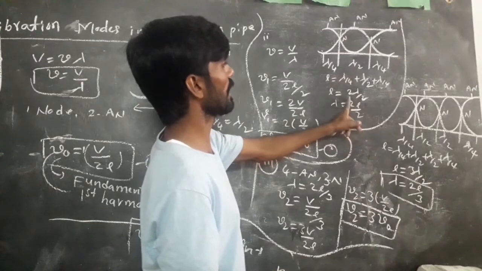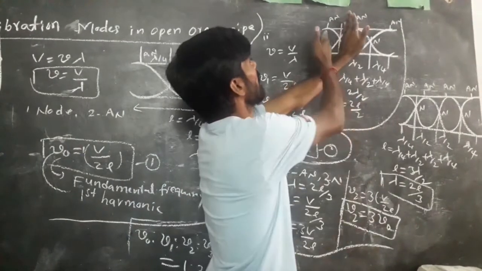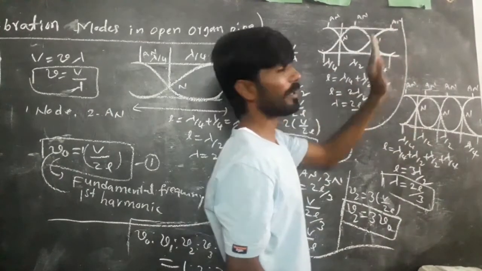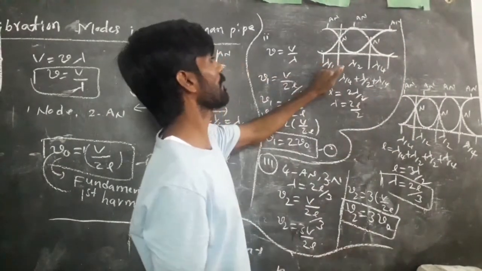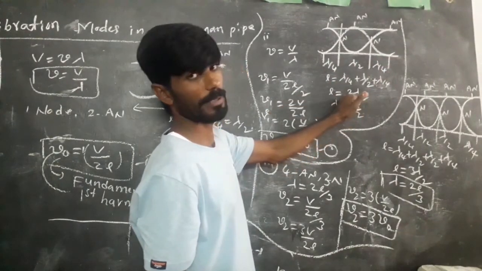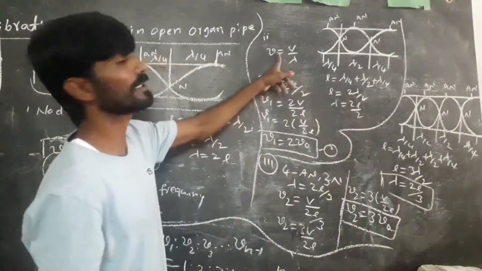Then the length of the air column L is equal to 2λ/2. How is it possible? Node to antinode is λ/4, node to node is λ/2, node to antinode is λ/4. So λ/4 plus λ/2 plus λ/4 is equal to 2λ/2. Then the wavelength λ is L. I substitute this value in the general equation.